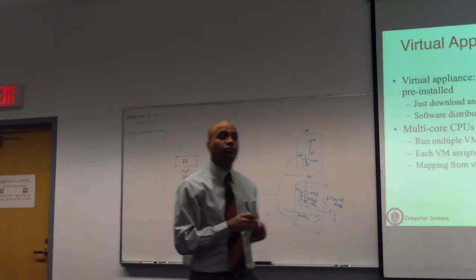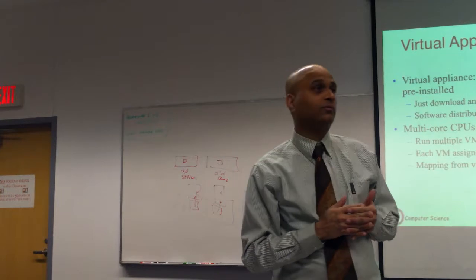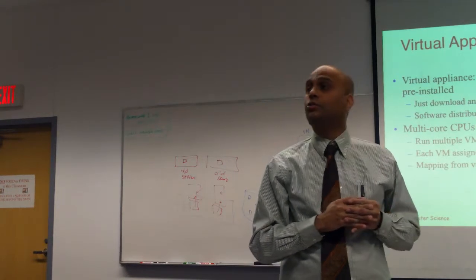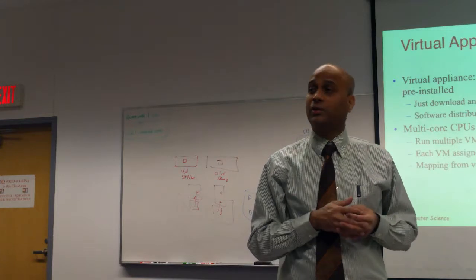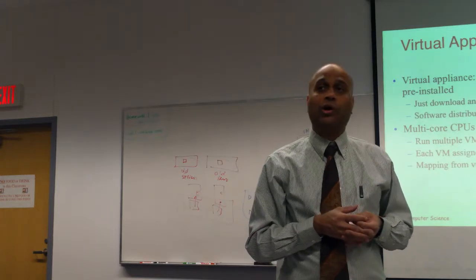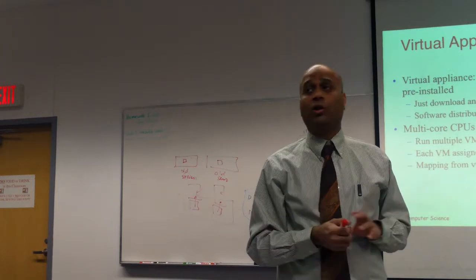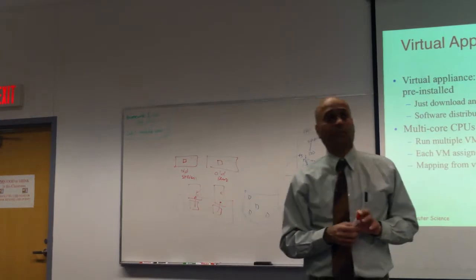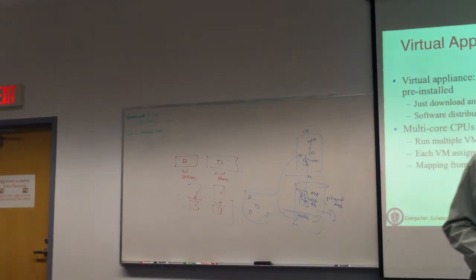So you replace 2 aging servers with 1 new server, as an example. So this is another use of virtualization technologies in data centers. As you get more capable servers, you don't need to do one-to-one replacement. You can replace a larger number of servers with a smaller number. So that is what is referred to as multi-core. You can use it to do what is called server consolidation as well.